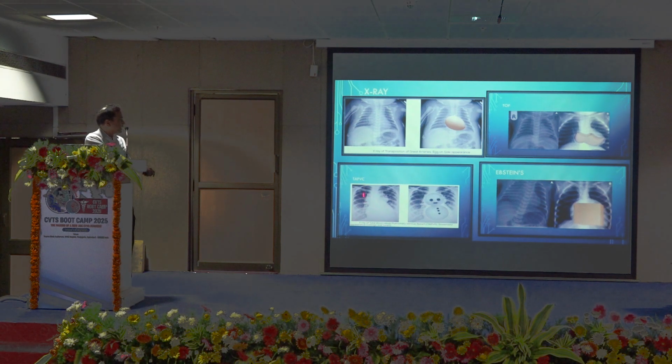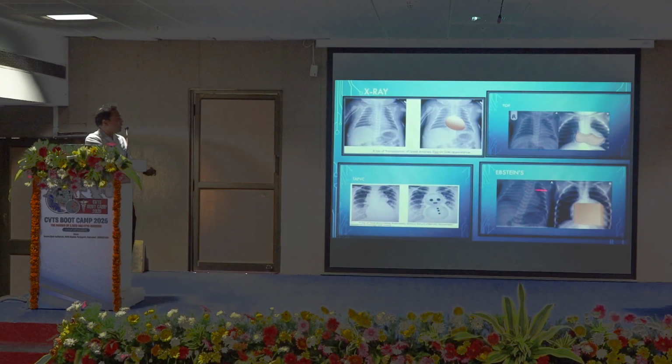So there will be a dilated SVC and a dilated vertical vein. That gives the appearance of a globular structure which is the head of the snowman, and the dilated heart itself gives the body of the snowman. So it is called snowman appearance on X-ray.